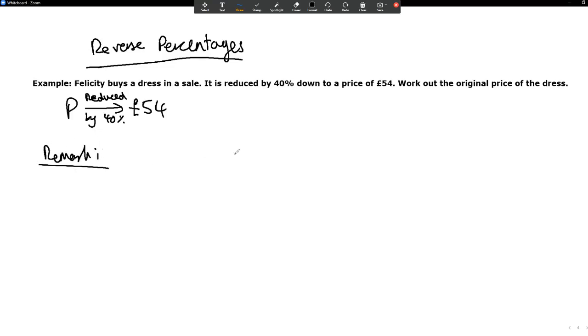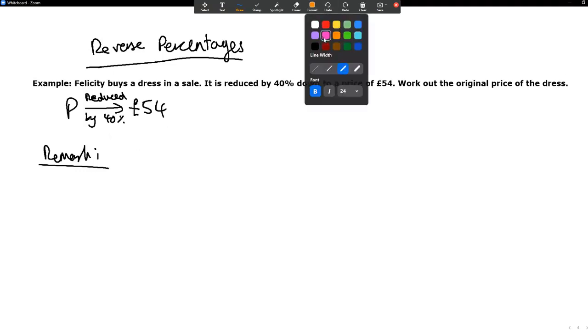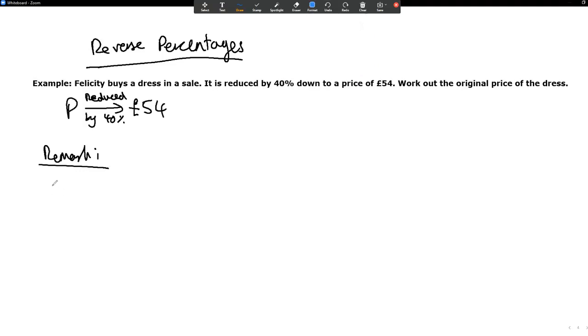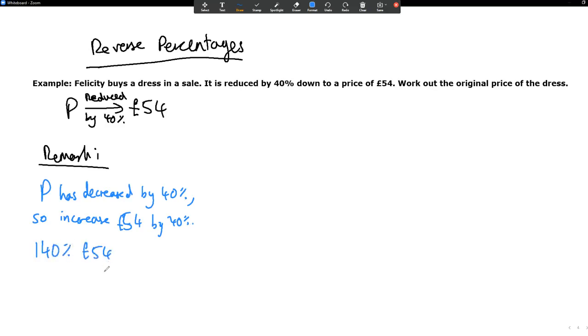So you might be tempted to say, okay, so P has decreased by 40%, so increase £54 by 40% to get back to P. So what we can say is we want to find 140% of £54, and so if you multiplied 54 by 1.4, you would get 75.6 pounds.